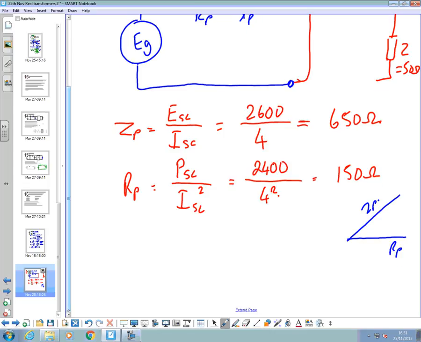So we got those two sides of the triangle. Can we now find that side of the triangle? Yes, we can, can't we? How?